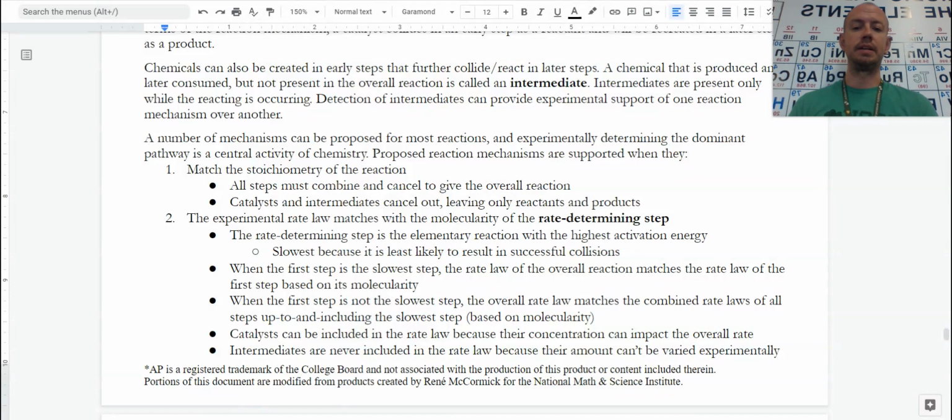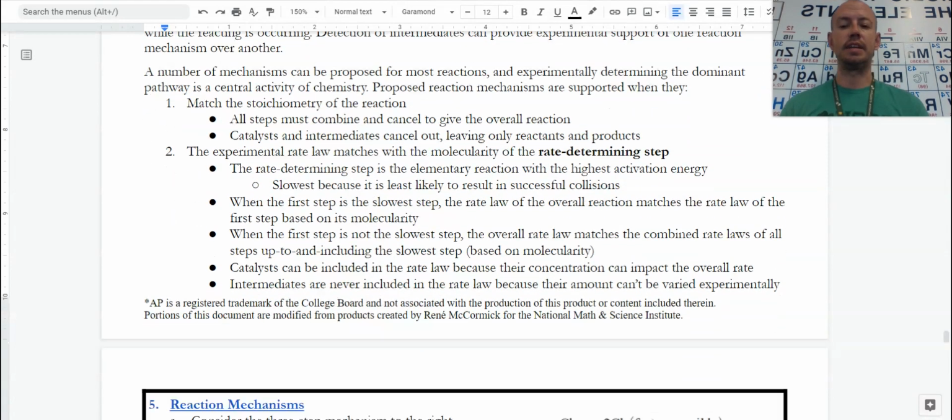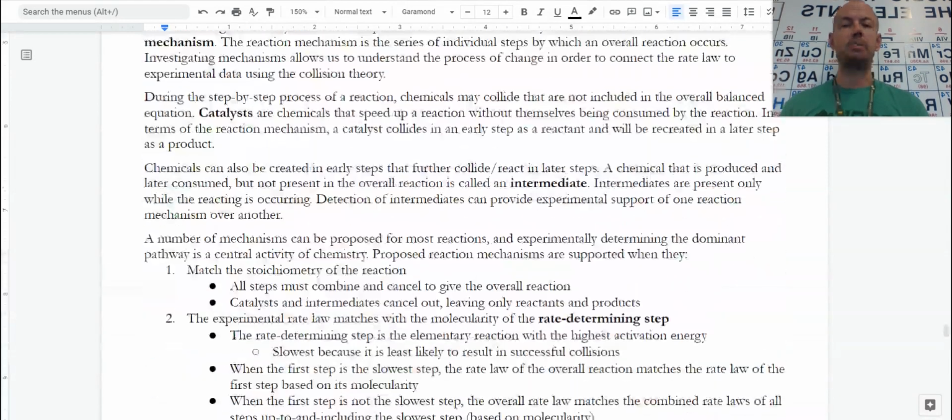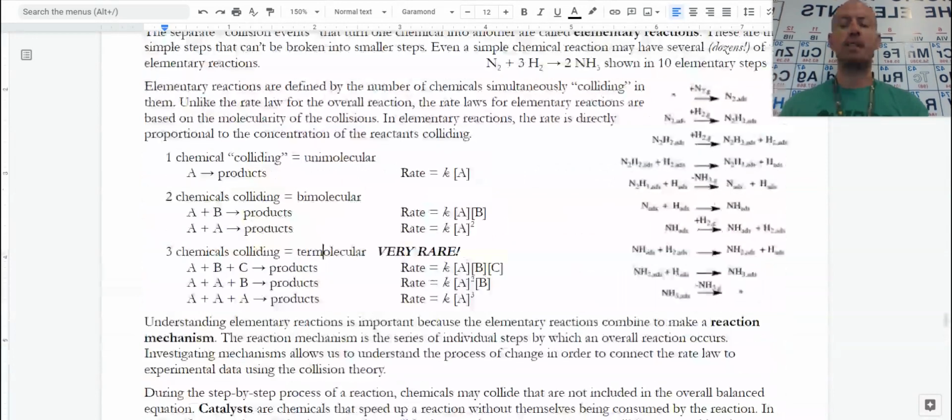Intermediates will never be included in the rate law because we cannot control how fast they are created. We cannot manipulate their concentration. Therefore, we cannot see how they connect directly to the rate. So here are the examples, but coming back to this, we are thinking about individual collision steps, and only for those individual elementary steps do we look at the coefficient to determine the order.